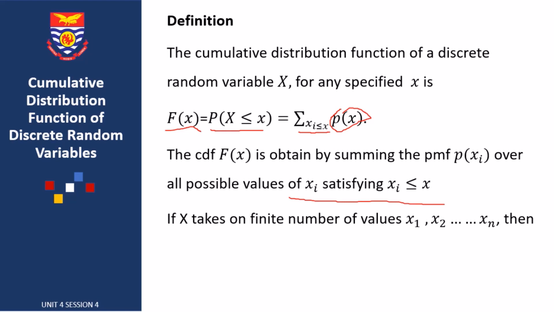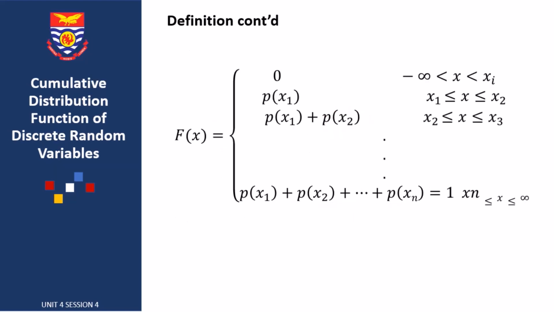If X takes on a finite number of values x1, x2, up to xn, then we have probability 0 from negative infinity up to x1, probability of x1 from x1 up to x2, and in that order to the last one, which has the range of xn up to positive infinity.